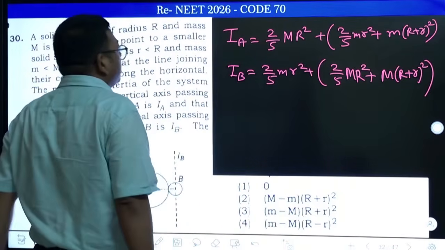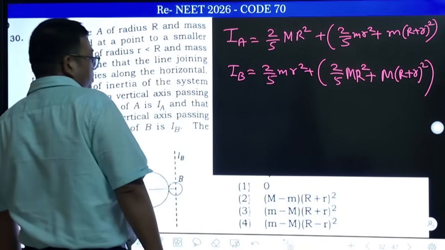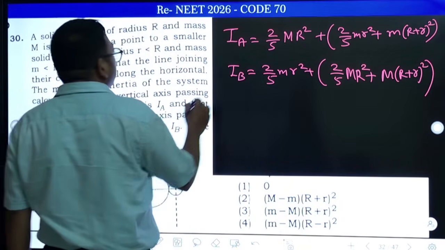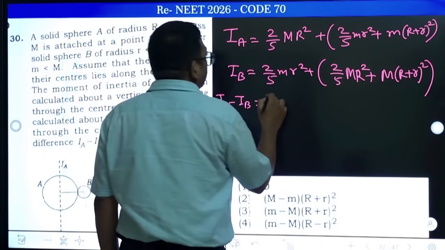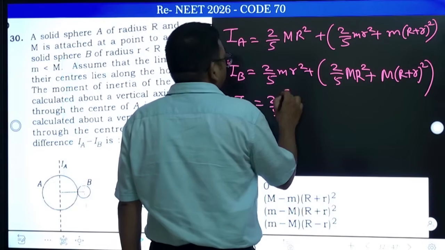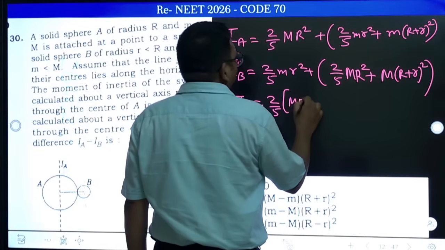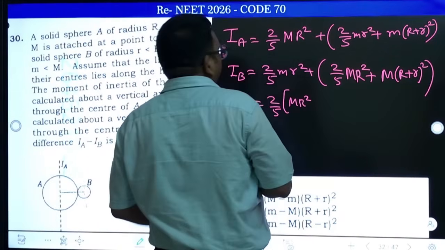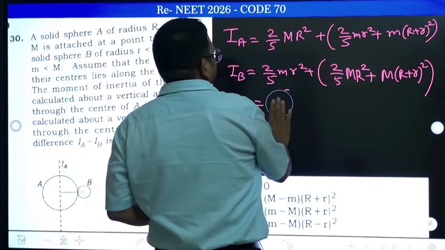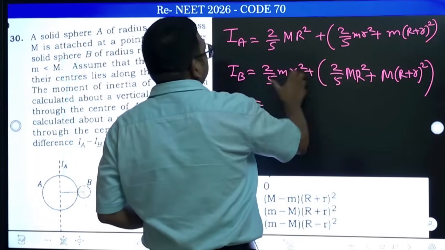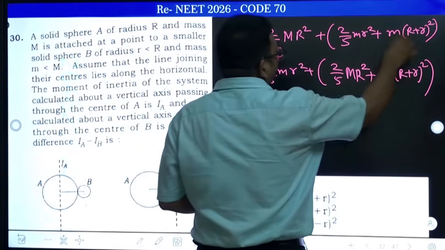Now we need to subtract: IA minus IB. When you subtract, the 2 by 5 terms go away, because we need to subtract only the remaining terms.